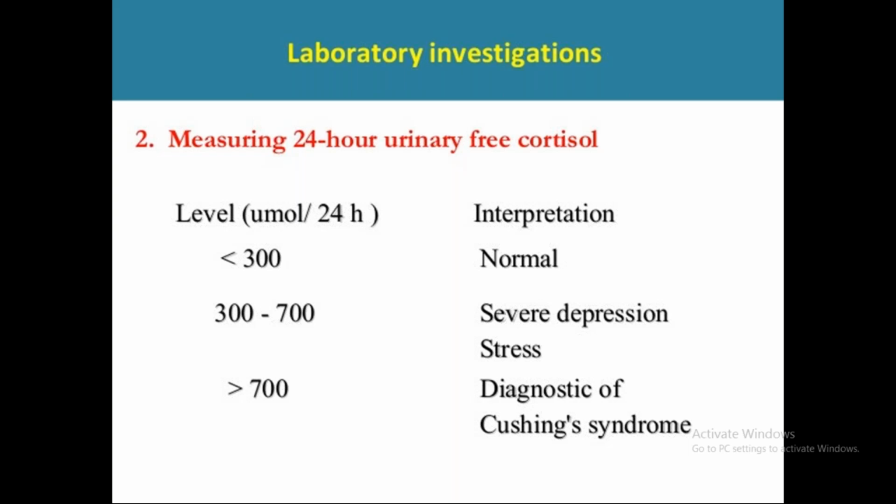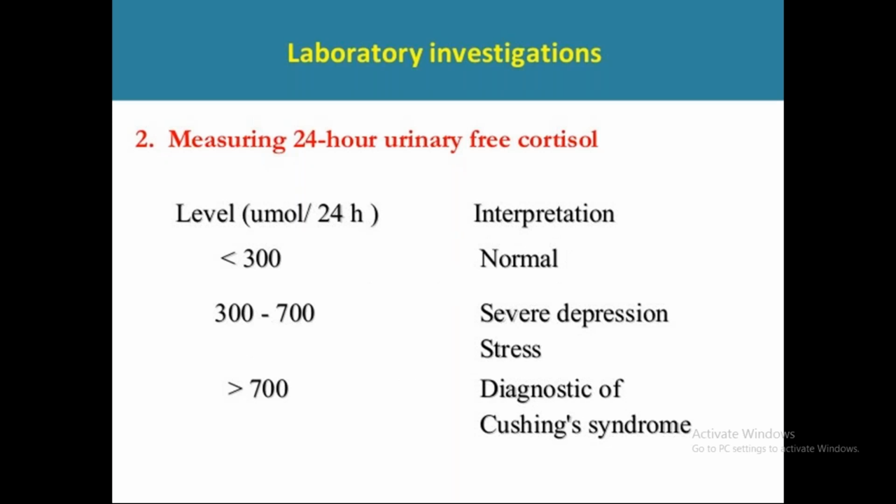This is another useful screening test, the estimation of free cortisol in a 24-hour urine sample. The test should be performed on three different collection samples. So here is the measurement of 24-hour urinary free cortisol level.